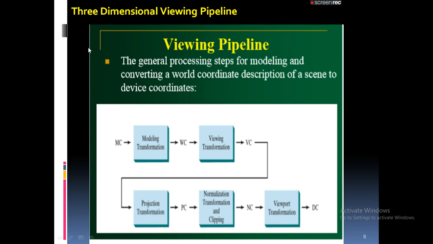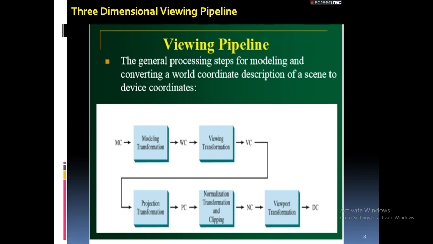So here I have written one sentence. That sentence says what the aim of the three-dimensional viewing pipeline is: the general processing steps for modeling and converting a world coordinate description of a scene to device coordinates. Here we are displaying a three-dimensional object on the screen of the monitor.